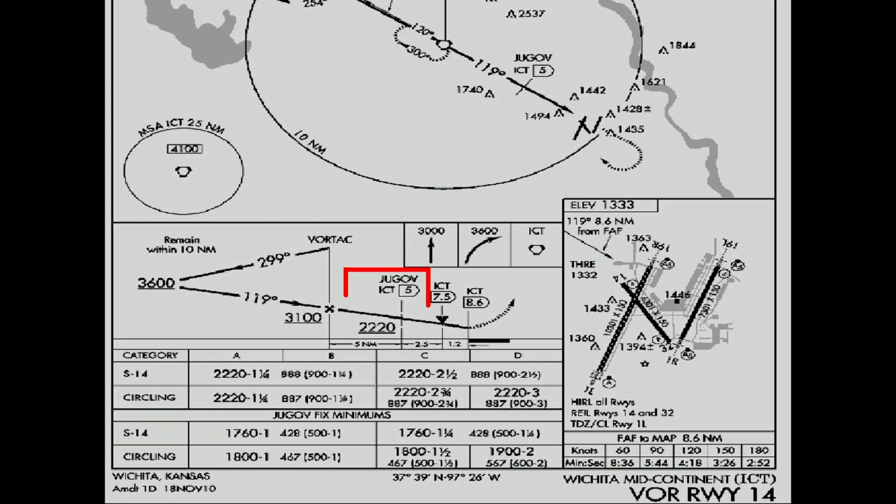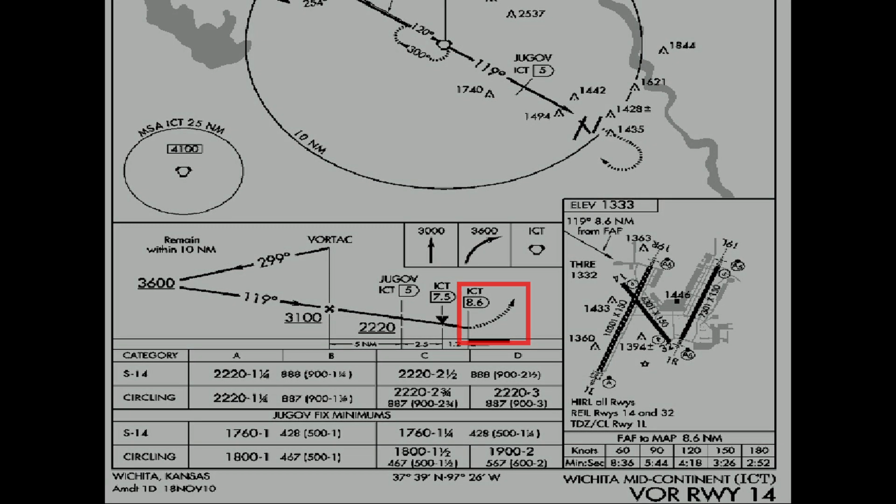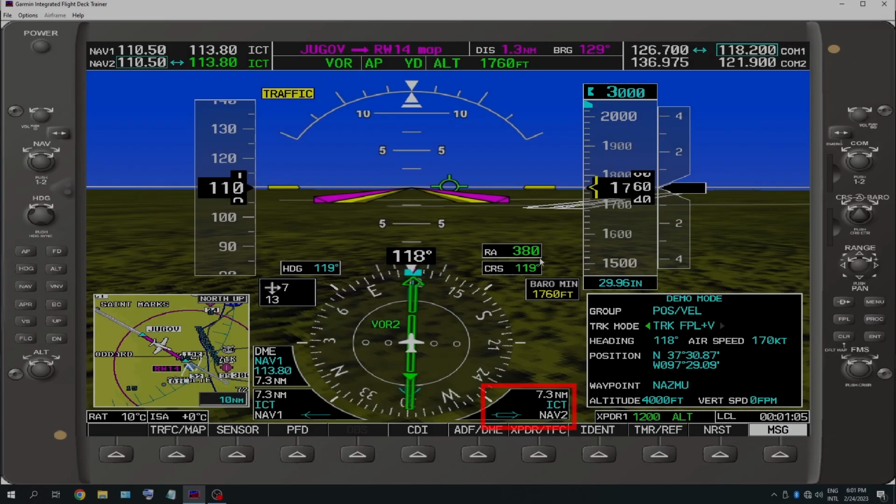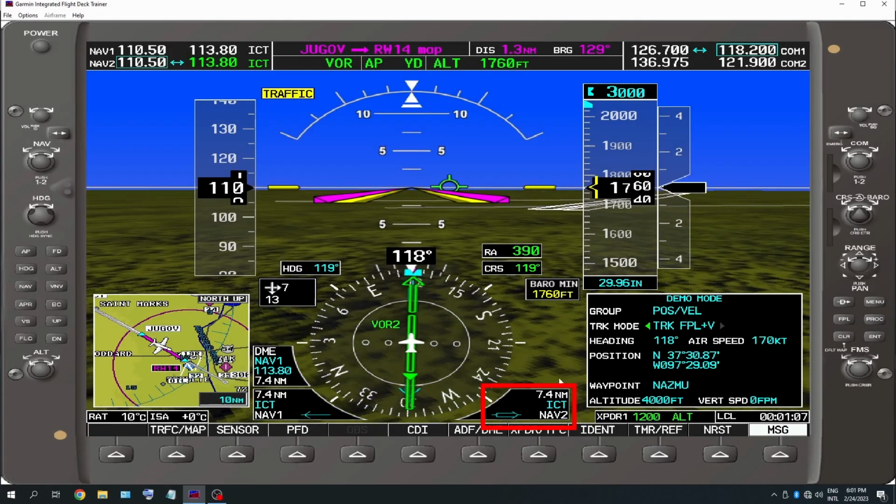Here you can see the 2220 at Yukov and the missed approach altitude. Now you can see that 8.6 nautical miles from ICT is where our missed approach point lies. You can see that in the nav 2 on the bottom of the screen.